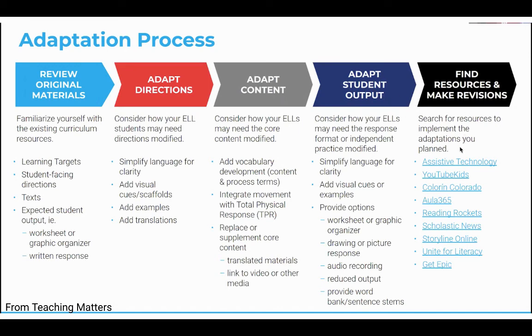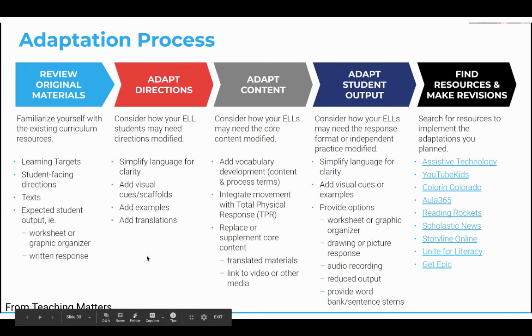Then you find resources. Okay? Some people just go, let's find a resource and then try to stick it in here. I suggest going to your basic lesson and trying to adapt things along this continuum.